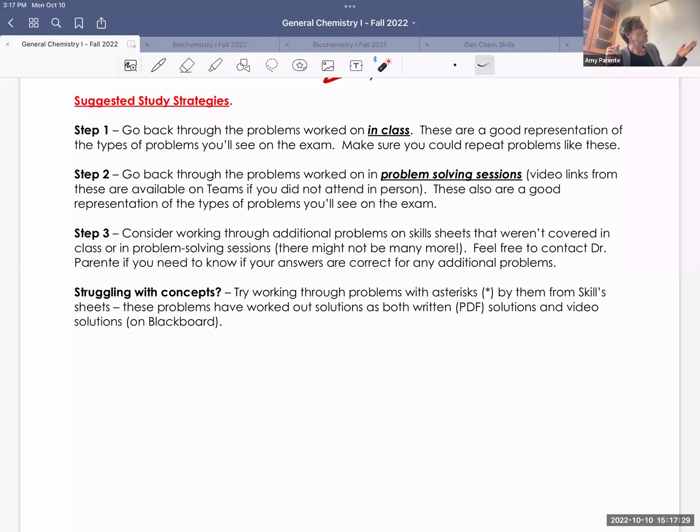You know, go through additional problems on those skills sheets, especially ones that have asterisks next to them, because I already have not only a static solution, but then a video solution available on Blackboard. If you wanted some additional practice problems, I would start with those. And then there's other problems that you can just try working through. See if you can get the answer, and you can always send me a message if you need to know an answer for something that's not provided for you.